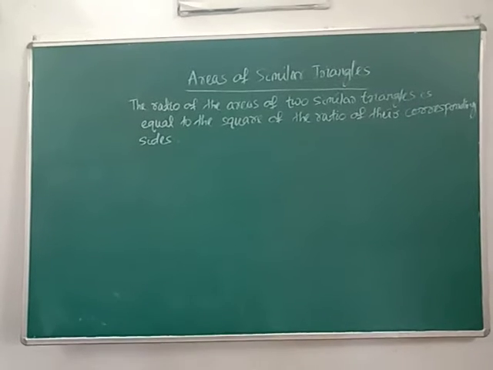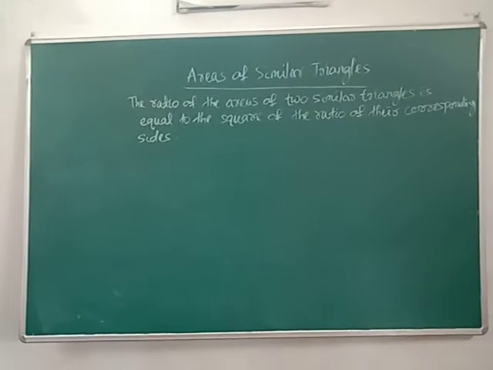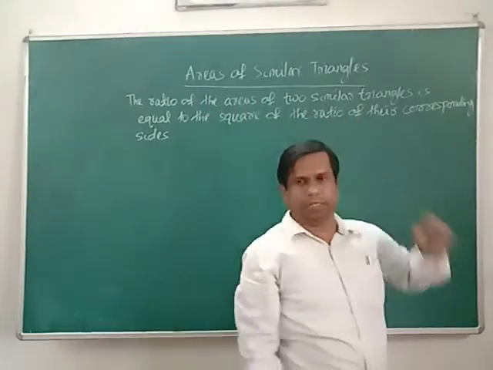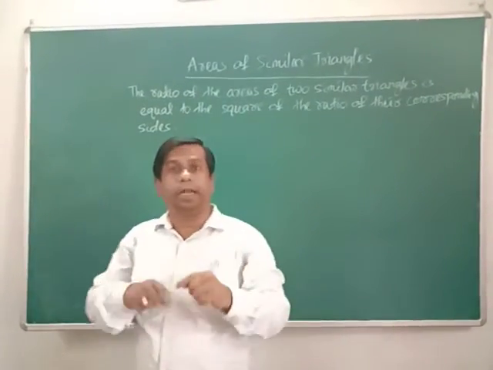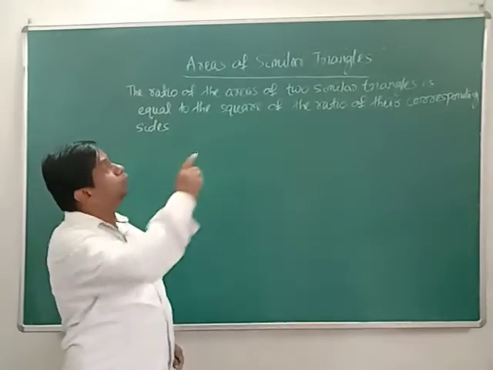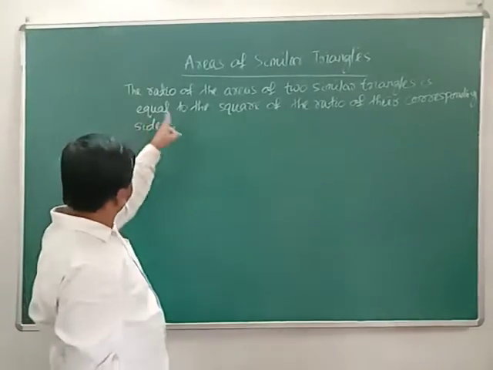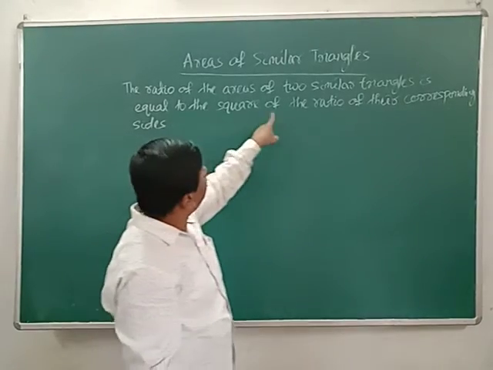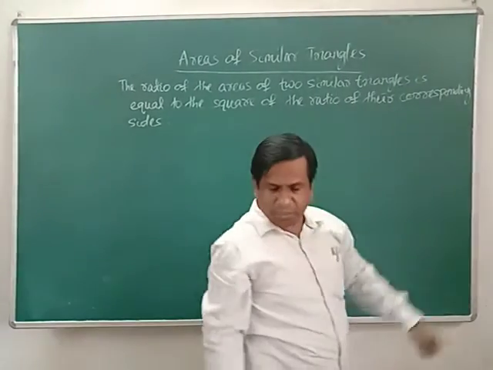Go through this statement carefully and try to understand: the ratio of the areas of two similar triangles is equal to what? The square of the ratio of their corresponding sides.